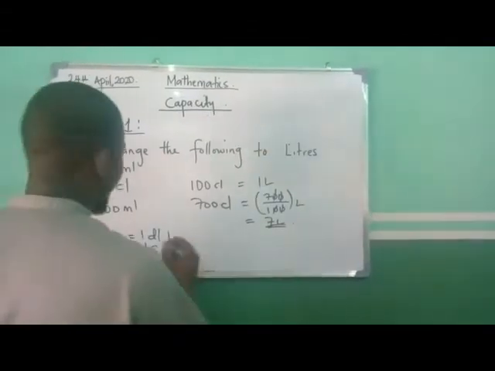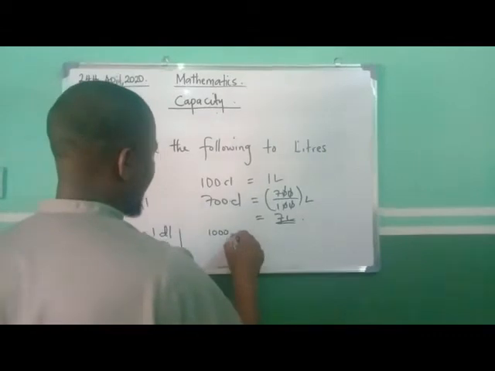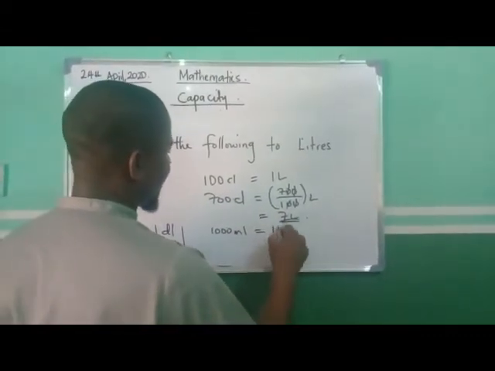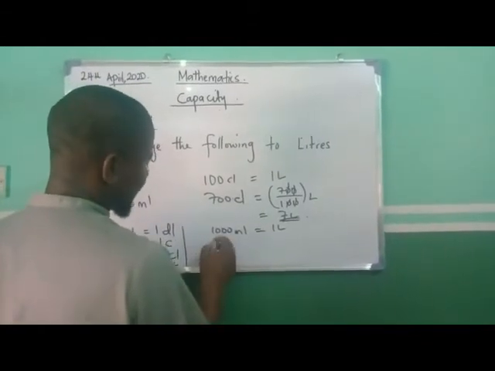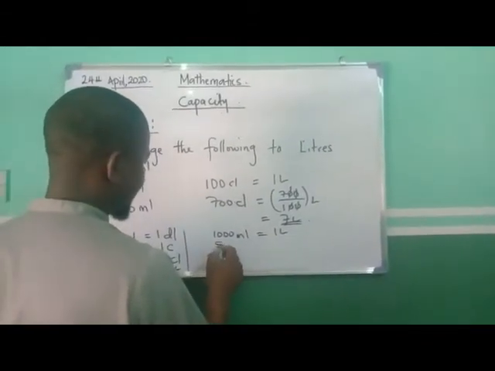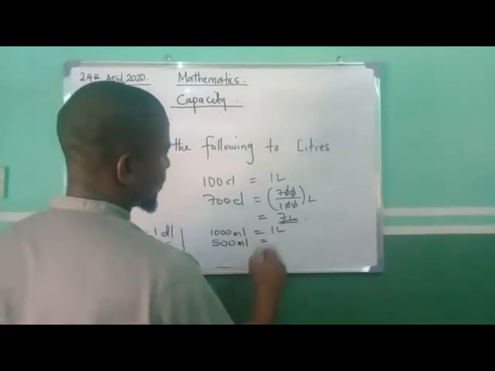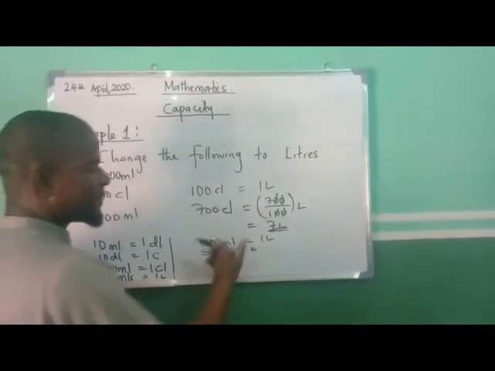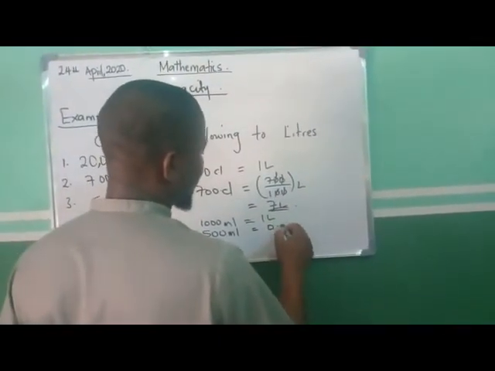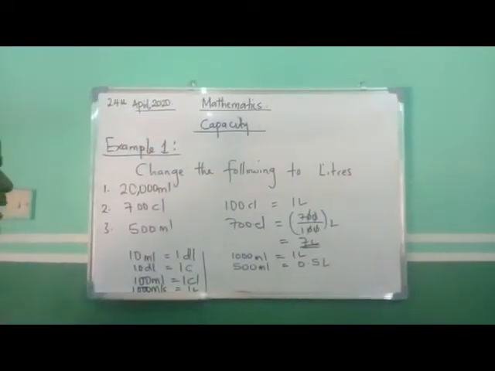For the last one, I know that 1,000 mils will give me 1 liter. So, 500 mils means half of this, which is 0.5 liters. Okay?